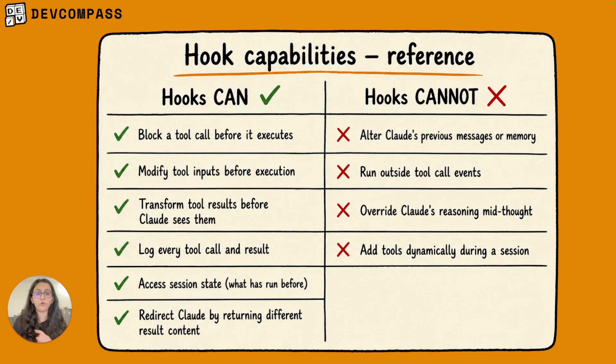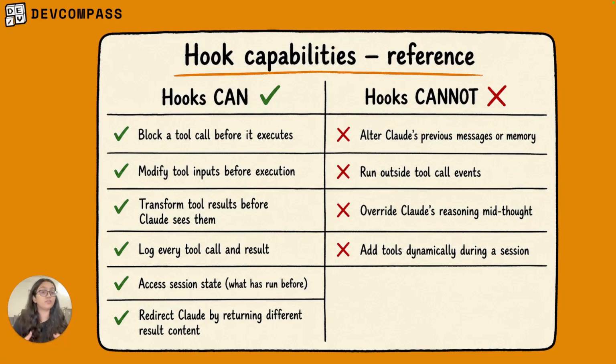They cannot override Claude's reasoning mid-thought. Hooks operate on inputs and outputs, not on Claude's internal processing, and they cannot add tools dynamically during a session. The tool list is established at the start. If an exam question describes a hook doing anything in that right column, it's a distractor. Hooks are powerful within their scope. That scope is tool call boundaries, before and after, and nothing else.